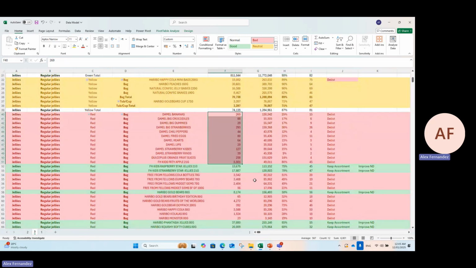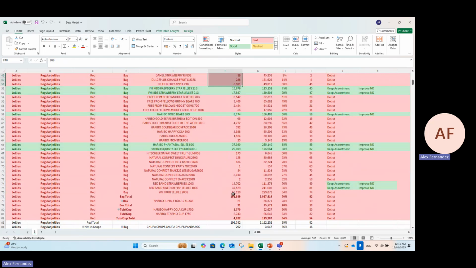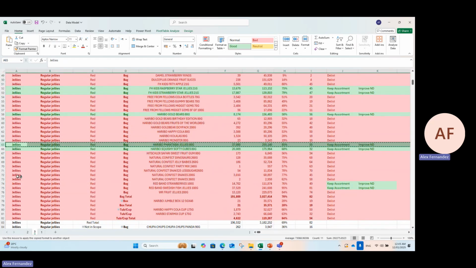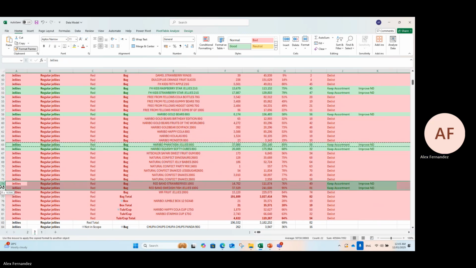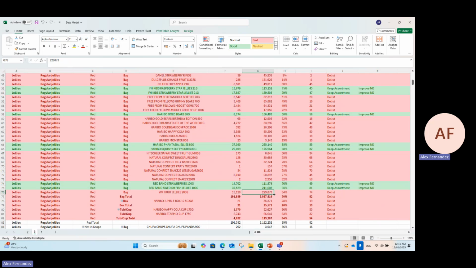Now let's go to our yellow. The bag formats are all sorted. We have spotted a couple of hidden gems that we will keep, and there are some justified SKUs. This one, we took the hard call of delisting after double checking a couple of other metrics.